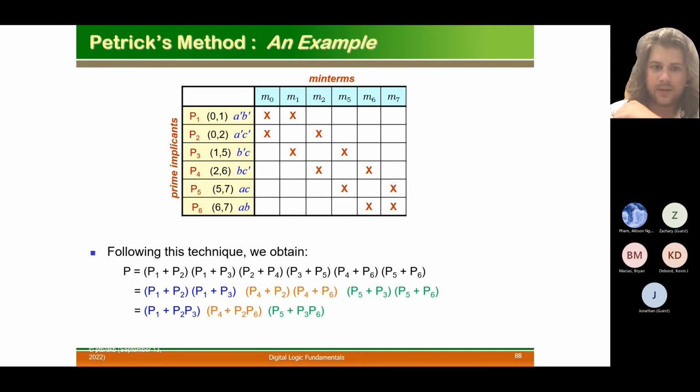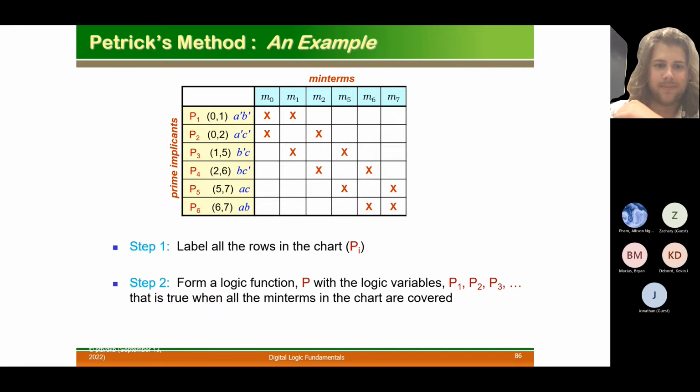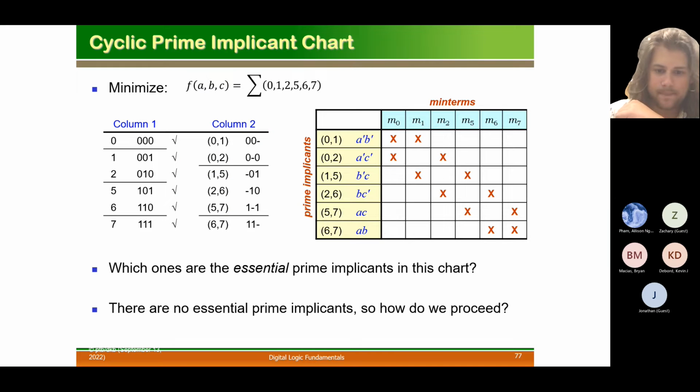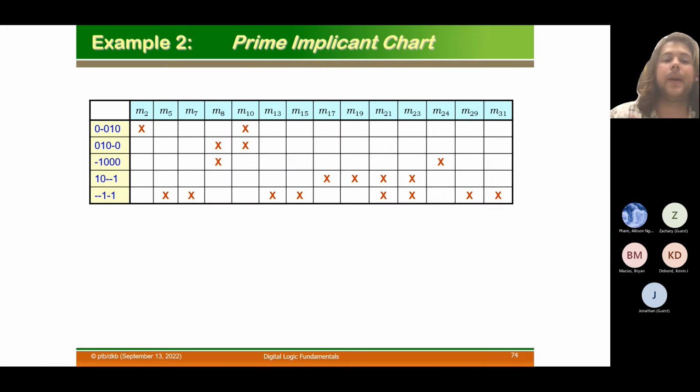Okay. We can go over Petrick's method if you guys want. That one seems pretty useful. So here's another prime implicant chart. I'll go over this one again. You want to start out with the ones that only have a single associated prime implicant.